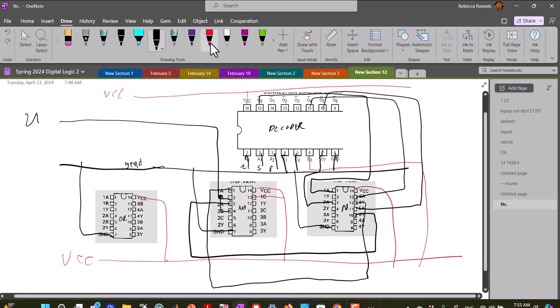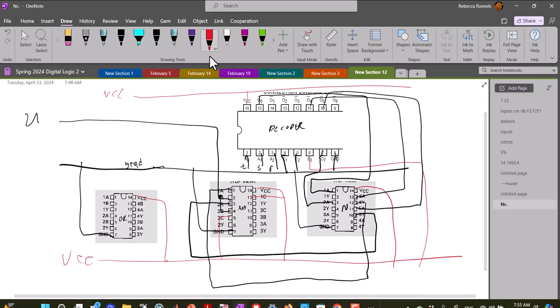Yeah, so I actually wanted the VCC to go to 2C right there. Okay, so now I have my outputs.